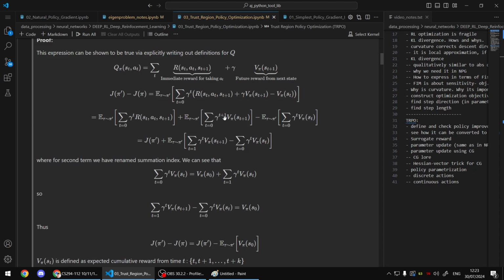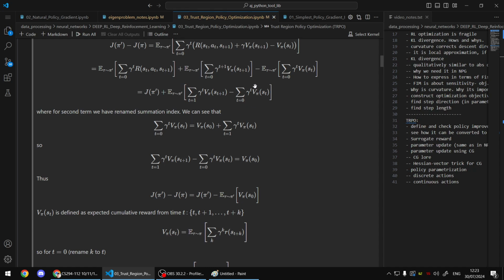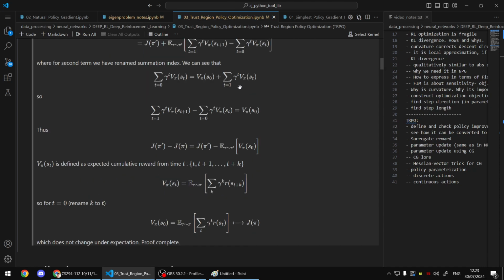Using some index renaming, we can offset t in the lower sum index, and then compensate on the higher index, and then we can split this term into the sum of the first element, the 0th element, and the sum starting from 1 up to whatever is the length.